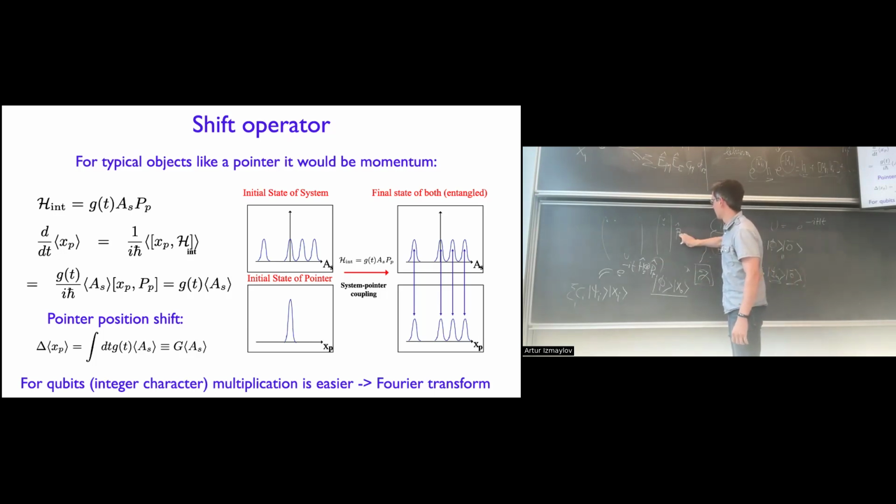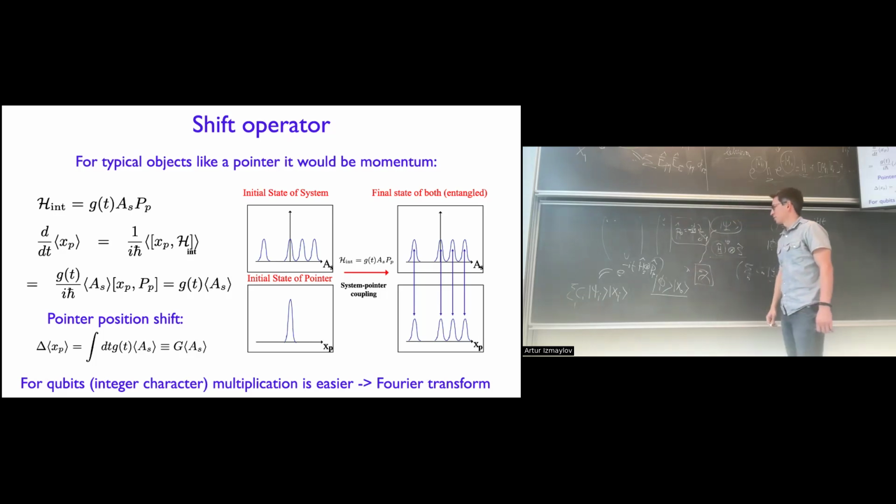So momentum of the pointer. And that is, as we know from quantum mechanics, minus i h bar d over dx, right? Where x is the pointer position. So it's a derivative.